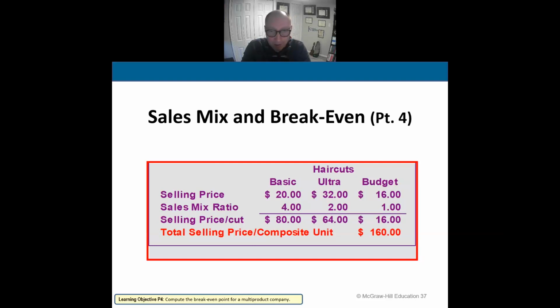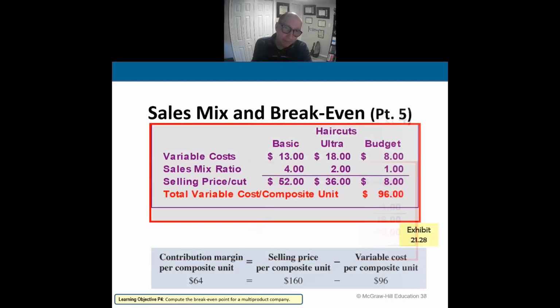And I add all these together to get my total sales price per composite unit. So take your sales price per composite unit minus your variable cost per composite unit to get my contribution margin per composite unit. Basically all we're doing is just adding in different products.